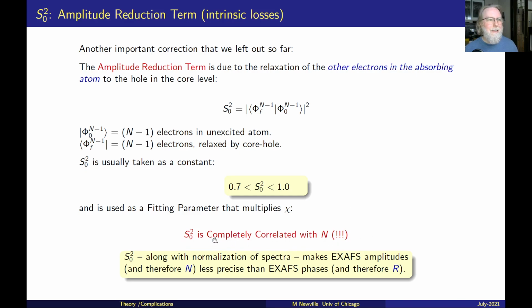But it's also slightly unfortunate that the amplitudes are much harder to get correctly in absolute terms than the phases. So this term, along with the normalization challenges of the spectrum, makes XAFS amplitudes and so N less precise, more like 10% level, than the phases, and therefore the distances. And we'll need to think about S0 squared in almost all the analysis that we actually do.